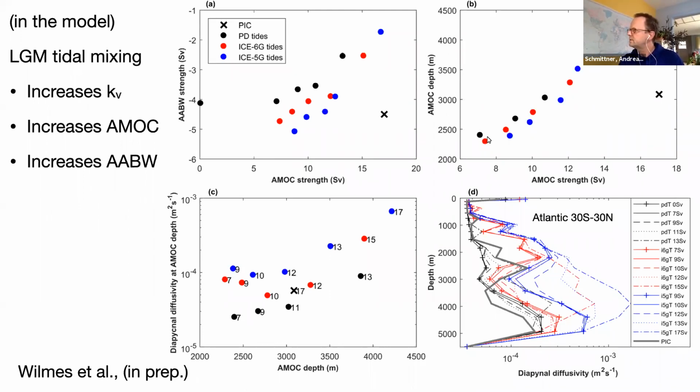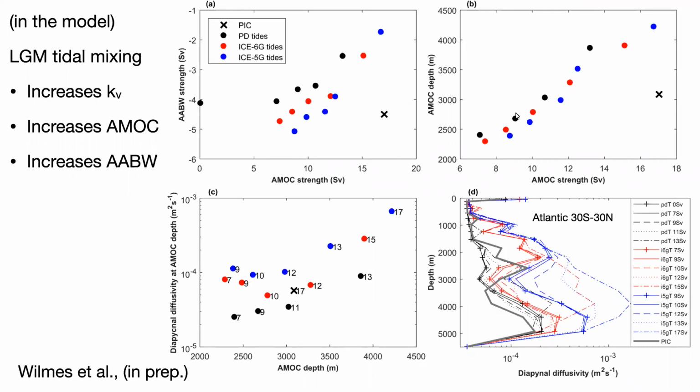So what you can see is that essentially all of these LGM simulations, they plot more or less on a line, indicating that in all of these simulations, the AMOC strength is highly correlated with AMOC depth. So models that have a stronger AMOC also have a deeper AMOC, and models that have a weaker AMOC also have a shallower AMOC.